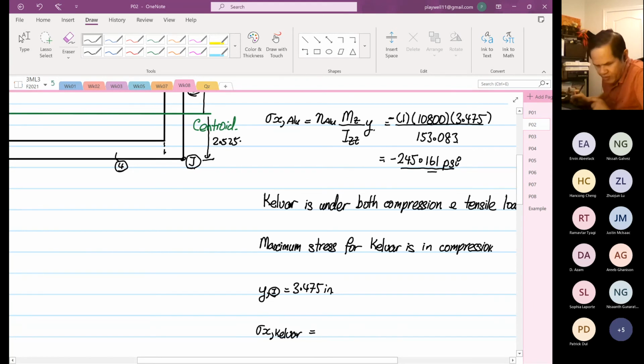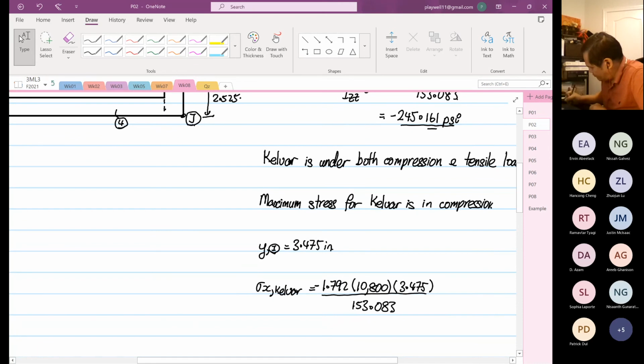So now we have to put in the coefficient, which is 1.792, multiplied by the moment, and it's in compression, so minus 10800, 3.475, and we divide by the second moment of area, 153.083.